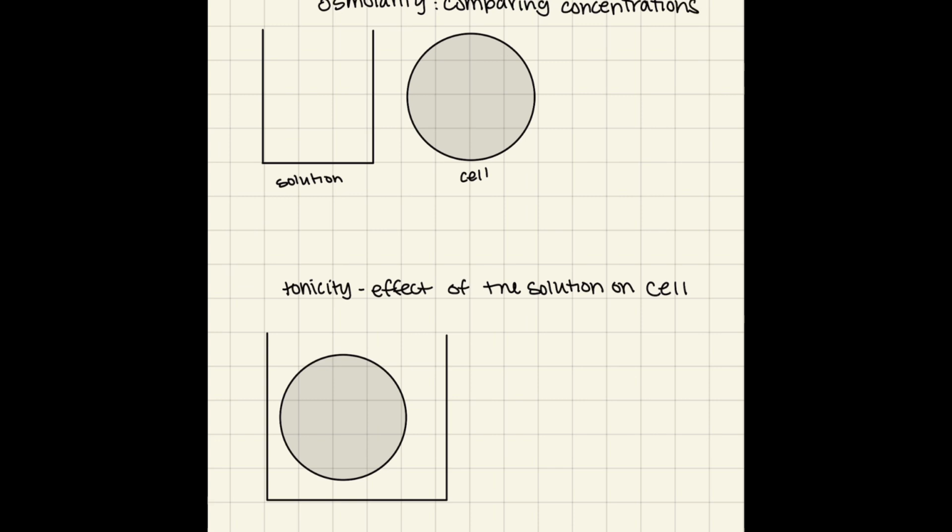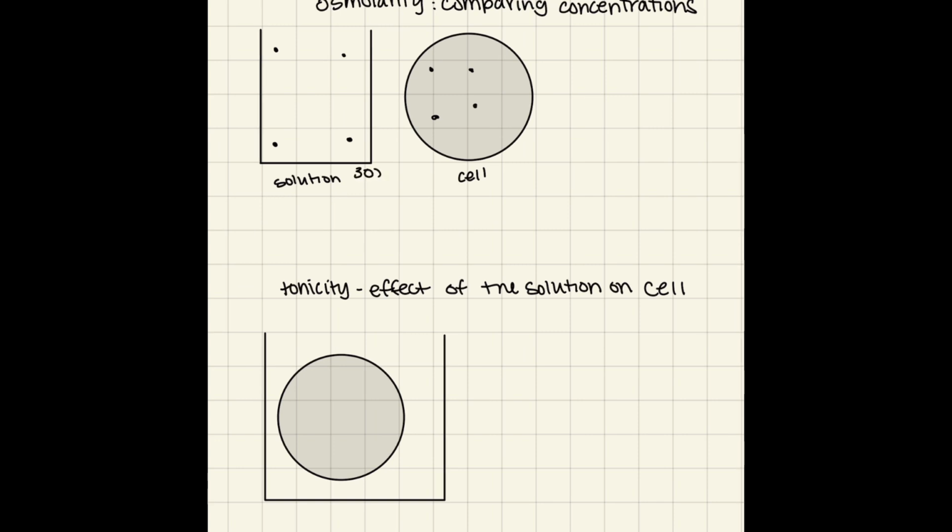So if we have, say, a 0.9% saline solution, that's 300 milliosmol, and our cell also is 300 milliosmol.